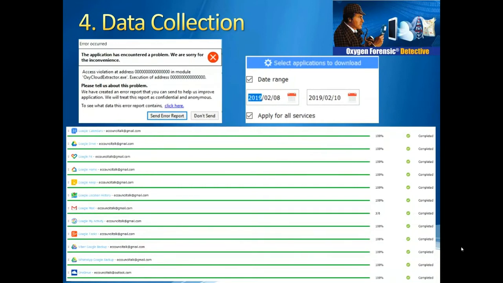The error that you notice did not interfere with the actual data collection. You can see that there is a dedicated time or date range available, and all these tools have it, so it can really be targeted to the scope of your investigation.